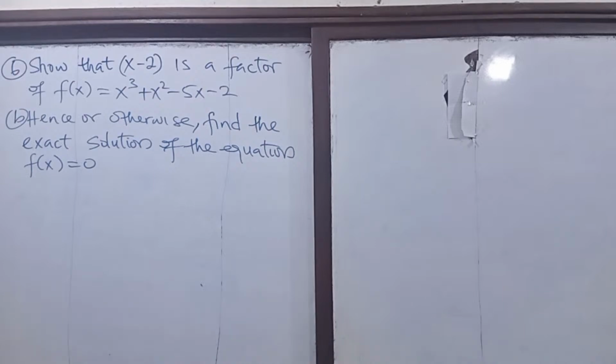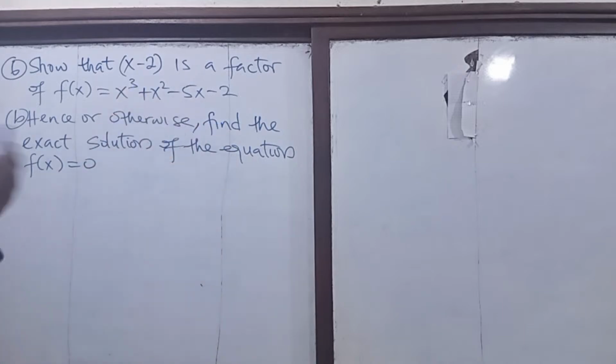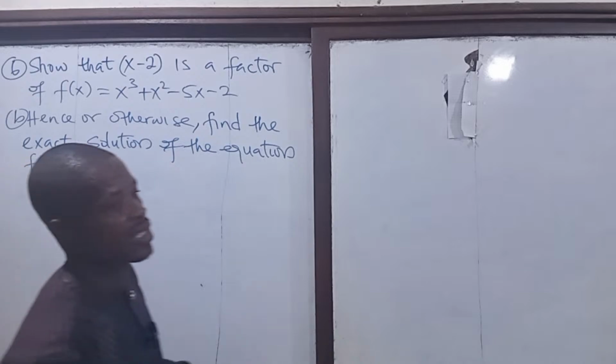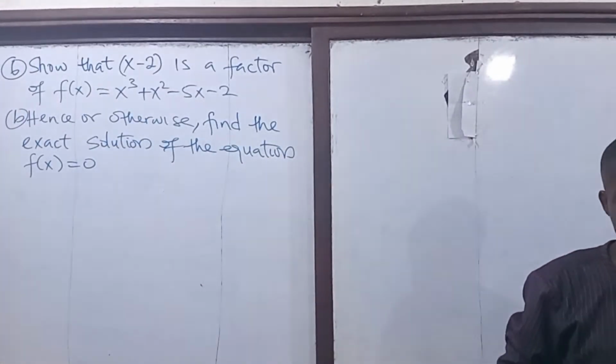We have this question. Show that x minus 2 is a factor of the polynomial. And then B, hence or otherwise, find the exact solution of the equation f of x is equal to 0. So what we are going to do, we have to show that x minus 2 is a factor.